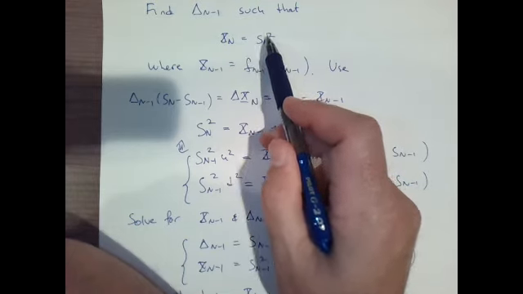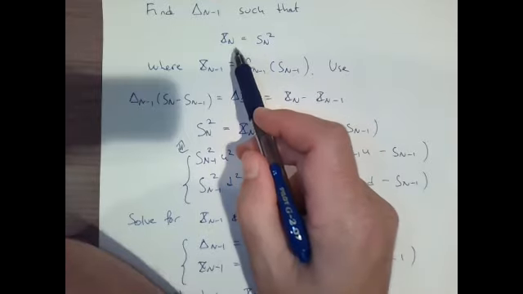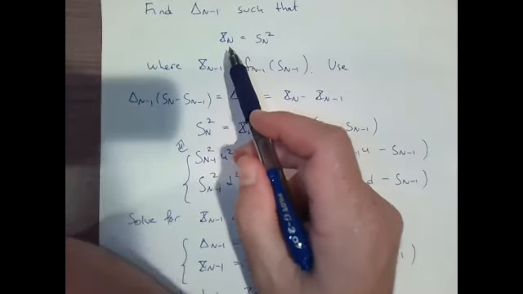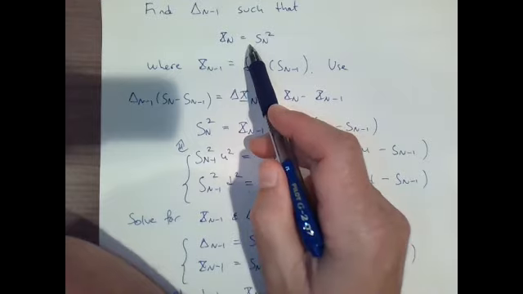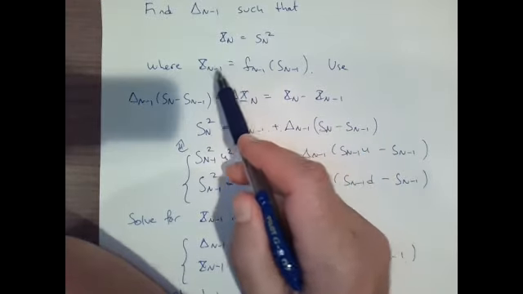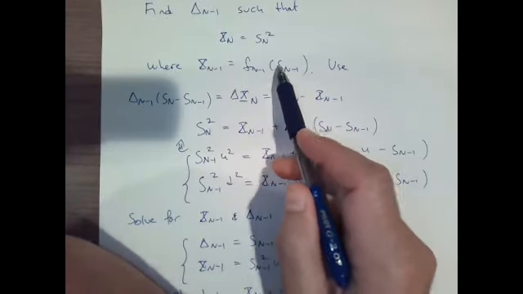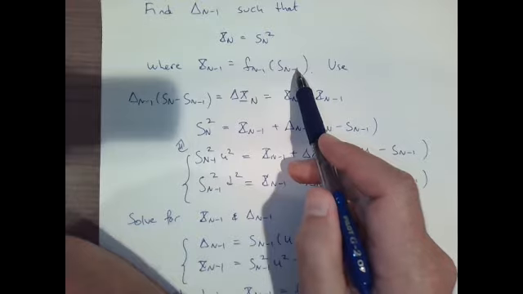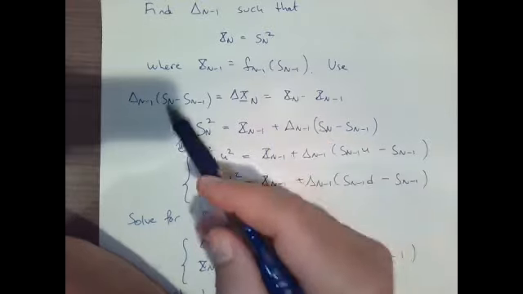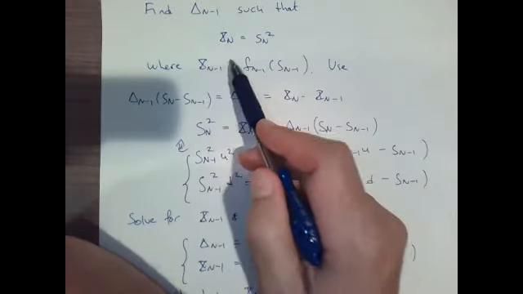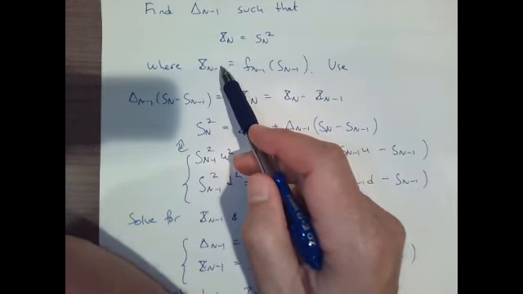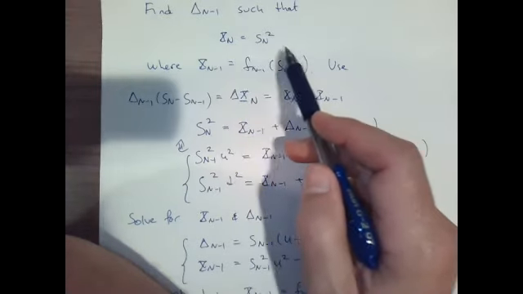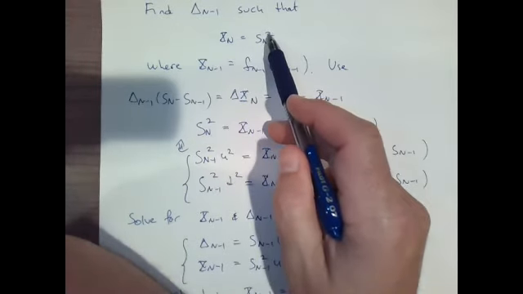Okay. So what is the wealth at an earlier time if I want this condition here to hold? Well, the claim is that it is exactly this fn minus 1 applied to Sn minus 1. For that to make sense, I need to be able to say that if I start out with this amount of dollars at time n minus 1, I can find a way to invest in the stock such that at the time point later, I get exactly Sn squared.